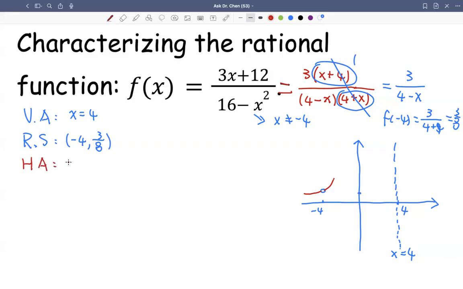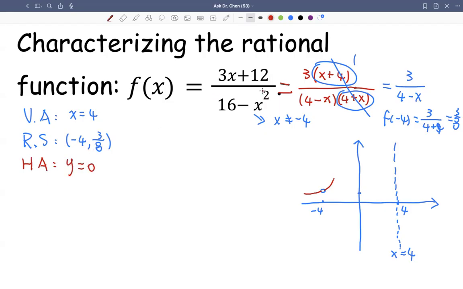So for horizontal asymptotes, we take the limit as x runs to infinity. If x goes to infinity, we see this value in the denominator. Remember, when we take a limit as x goes to infinity, we can use the ignore rule, so we see this value approaches 0. The rule of thumb is if the degree of the denominator is greater than the degree of the numerator, the horizontal asymptote is y equals 0.